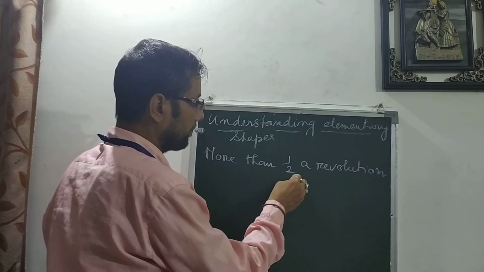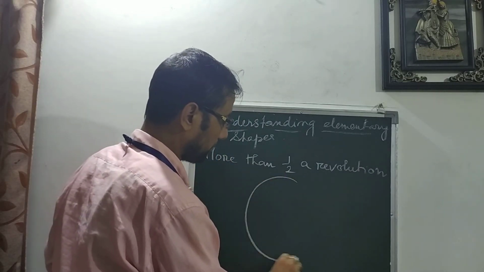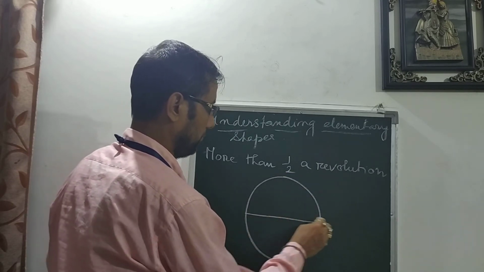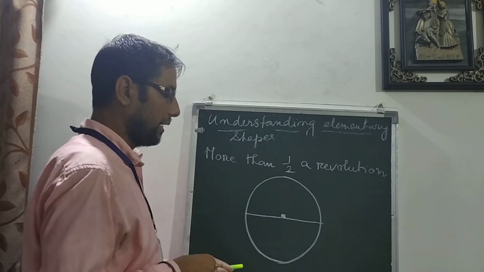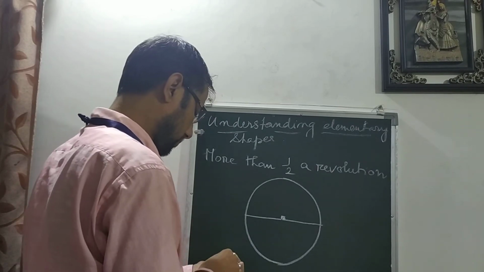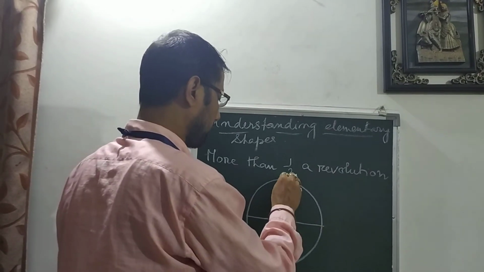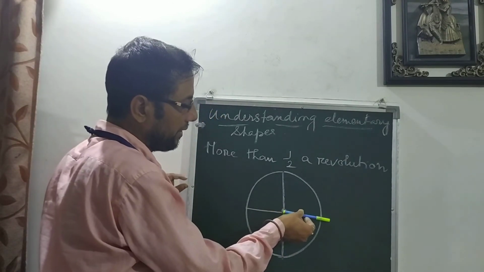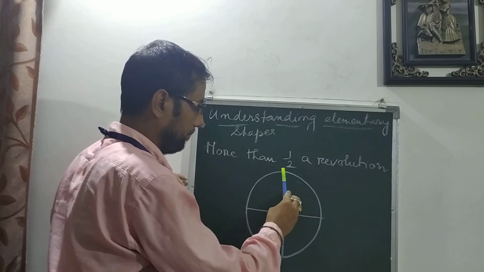Suppose this is the circle, center over here. Now let me divide it in 4 parts. Now students, we can know that if it starts from here and goes till here, it is half.